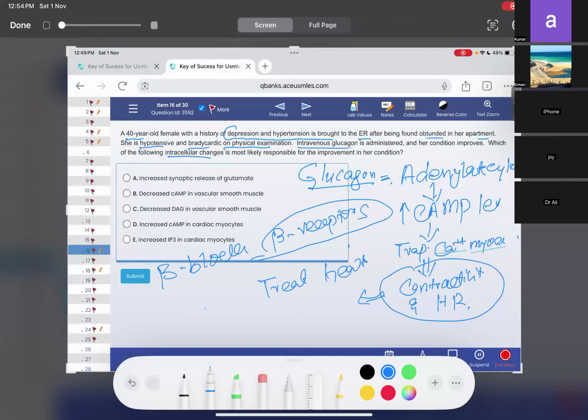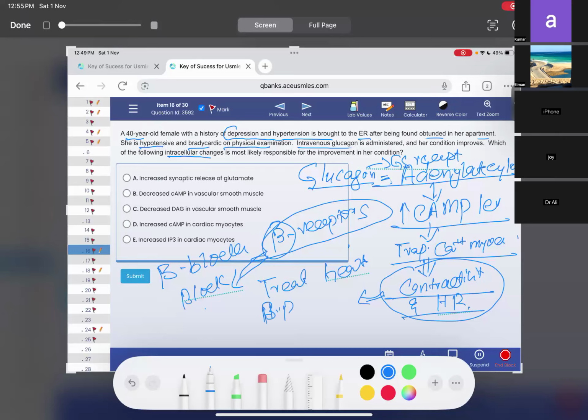If you give a beta agonist, it doesn't work because the beta receptor is already occupied by the blockers. So we usually give glucagon because it is the drug of choice; it doesn't work on beta receptors, it works on Gs receptors that increase adenylate cyclase, which increases cyclic AMP, which traps calcium, and as a result contractility, blood pressure and heart rate are all increased. Clear, everybody? Yeah, so clear.